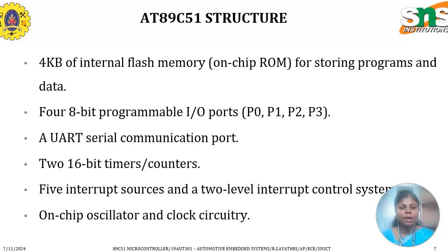It also has four 8-bit programmable input-output ports P0, P1, P2, P3, a UART serial communication port, two 16-bit timers and counters, 5 interrupt sources with 2-level interrupt control, and on-chip oscillator and clock circuitry.